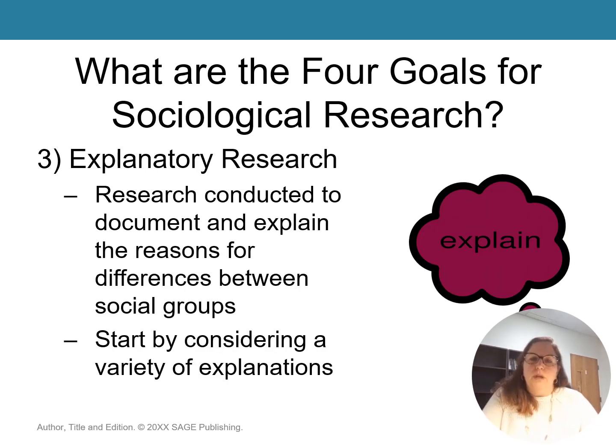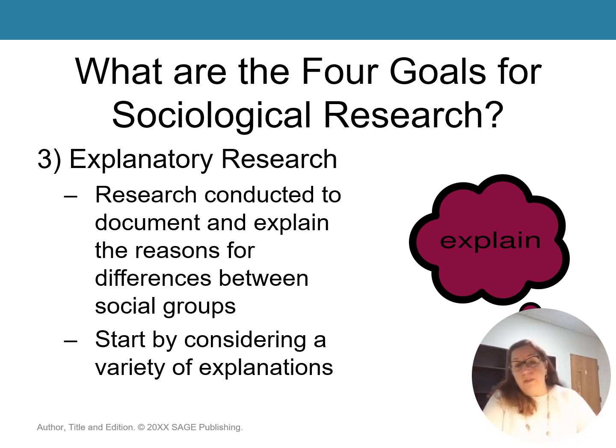The third goal for sociological research is explanatory research. And in explanatory research, researchers are conducting their research to document and explain the reasons for differences between social groups, so looking for patterns.